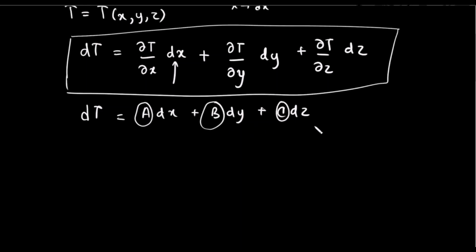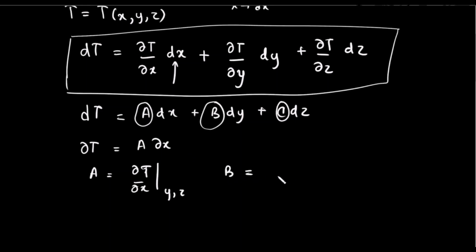When y and z are constant, dy and dz equal 0, so those terms will cancel out and we will only have dt equal to a times dx. That means a equals partial t over partial x, because this holds only when y and z are constants.